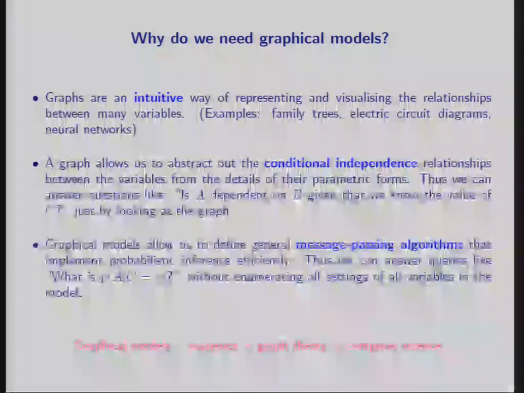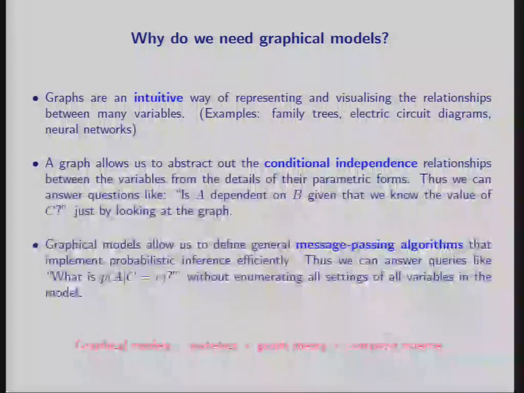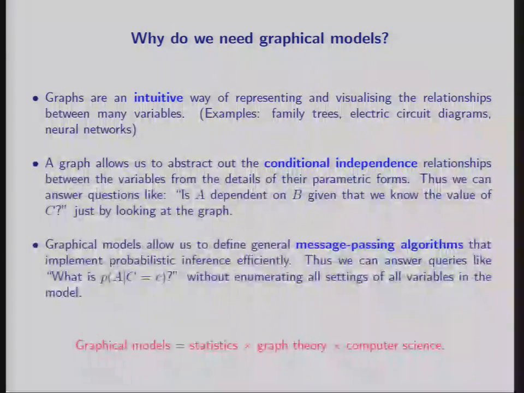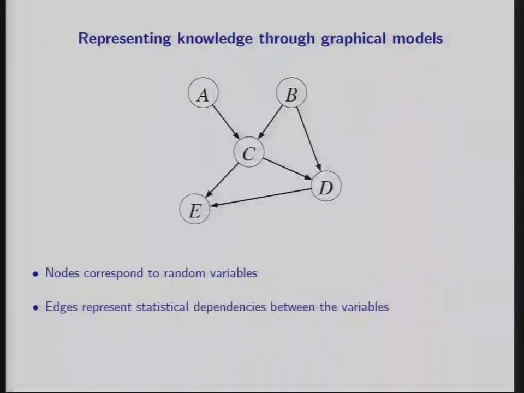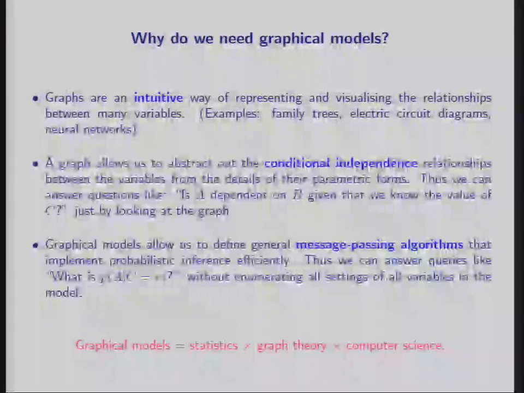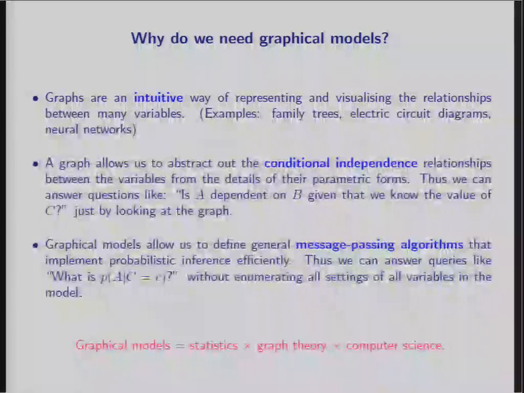From a statistical point of view, graphs are useful in abstracting out the conditional independence relationships between variables from the details of their parametric form. So if I have a graph like the one on this slide here, then I can ask the question, is A dependent on B given that we know the value of C, just by looking at the graph.